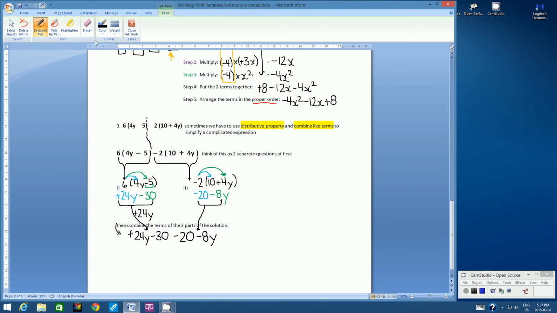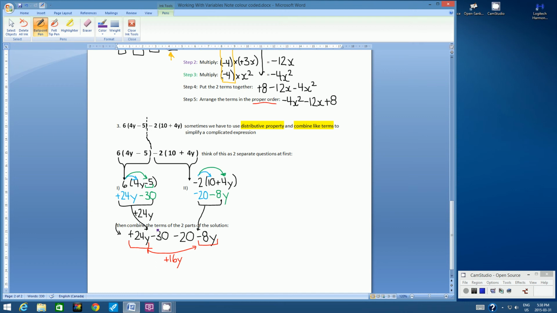Now, if you remember from our note in part A, let's identify the common or like terms. So we have a positive 24y, and then we have a subtract 8y. So what is 24 subtract 8? Hopefully you said 16y. And this is positive. Okay? Now, let's look at our numbers.